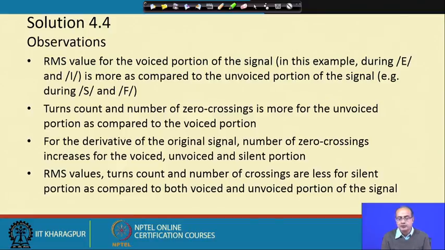Once we take out the speech portion using the RMS value and turns count, we can separate out the voiced portion and the unvoiced portion. The voiced portion will have high RMS and low turns count and zero crossing, whereas the unvoiced portion will have high turns count and zero crossing and low RMS value.